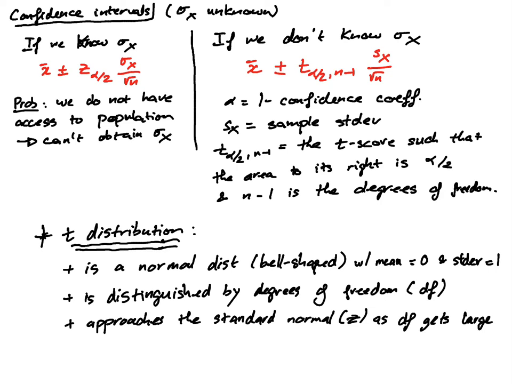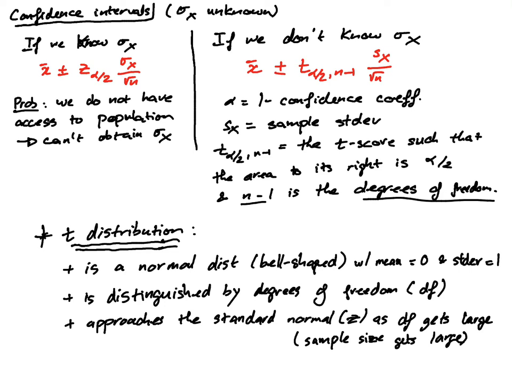In other words, remember that the degrees of freedom is equal to n minus 1, so 1 less than the sample size. When we say that the degrees of freedom gets large, essentially we're saying that the sample size gets large.